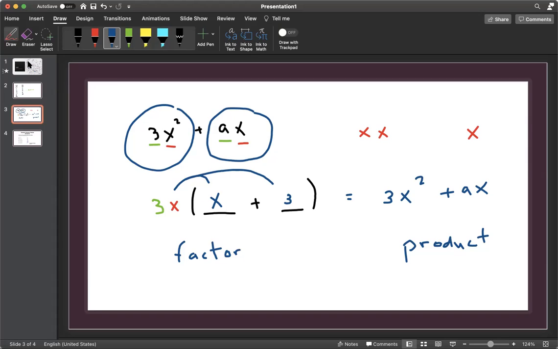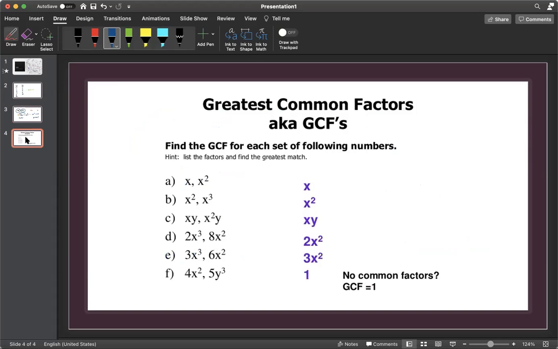So let's go over a few examples. Over here, we were asked to find the GCF of A through F. So if I'm looking at A, we have 1x, and then we have an x squared, which is the same as x times x. Our greatest common factor is they have an x in common.